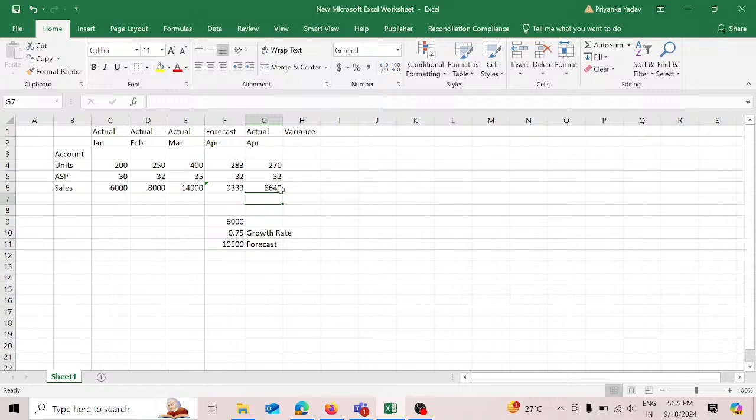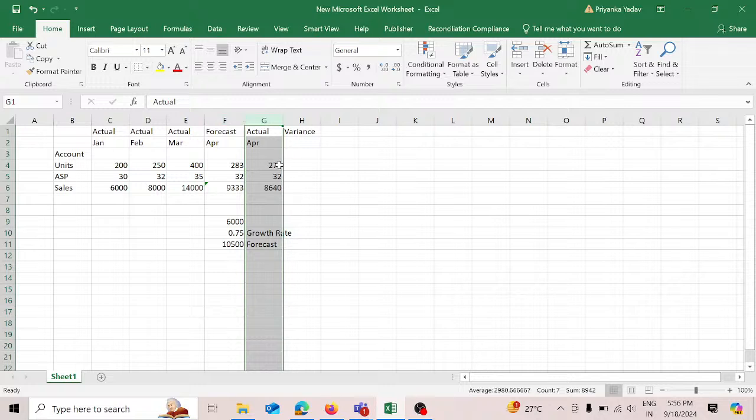So when we multiply the number of units sold with the average selling price, this is the actual in the month of April. Now I'm assuming this on the basis of the forecast.